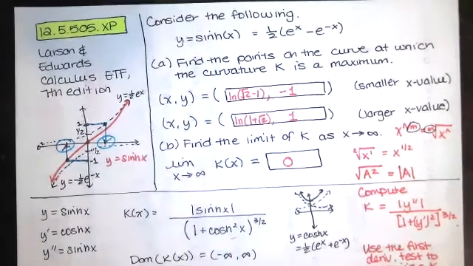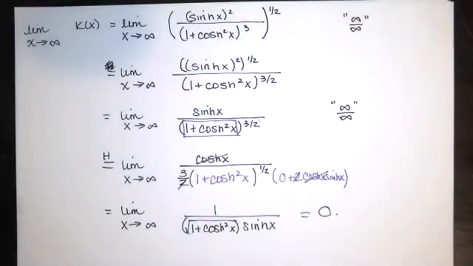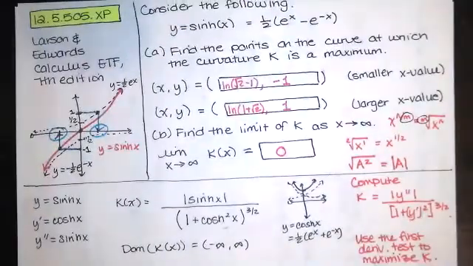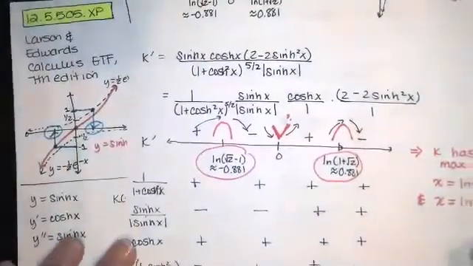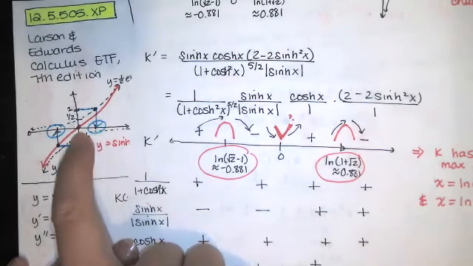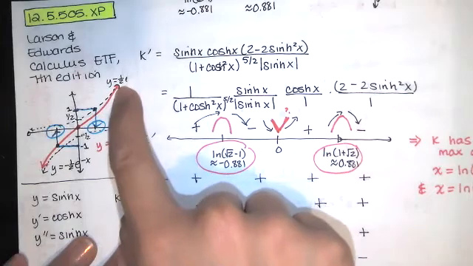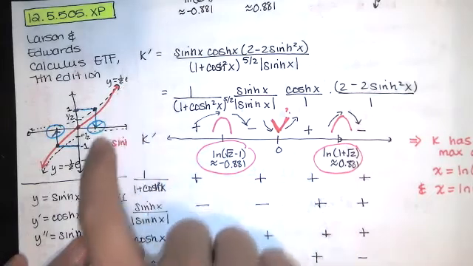And then after that, actually in between, let's look at our sign chart. From 0 to that point, the curvature is increasing, so it's getting curvier. And then the curvature is decreasing until it decreases to 0. So it's very, very flat out there.